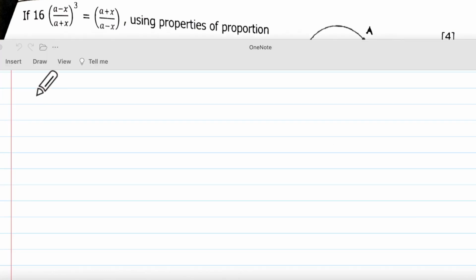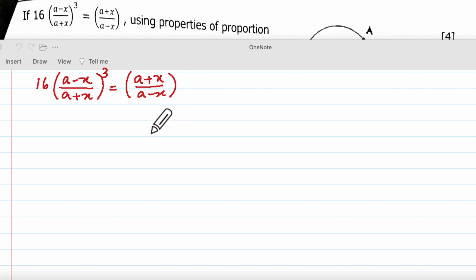Okay, so let us write the question: 16 into A minus X upon A plus X whole cube equal to A plus X upon A minus X.